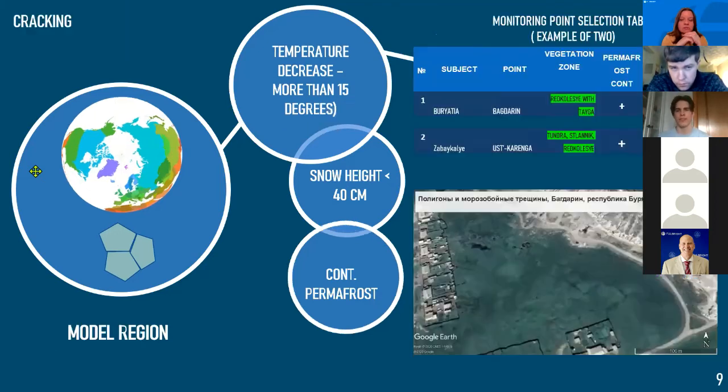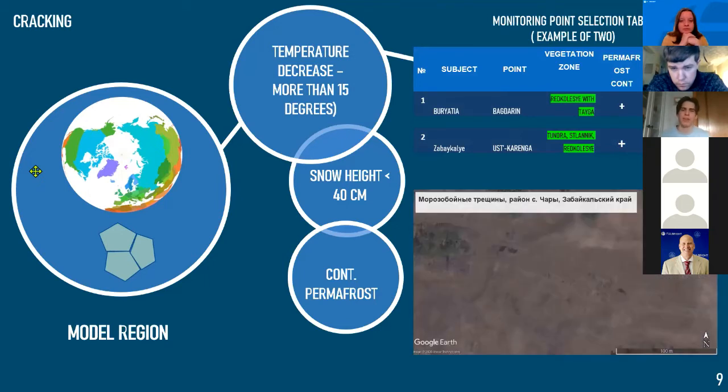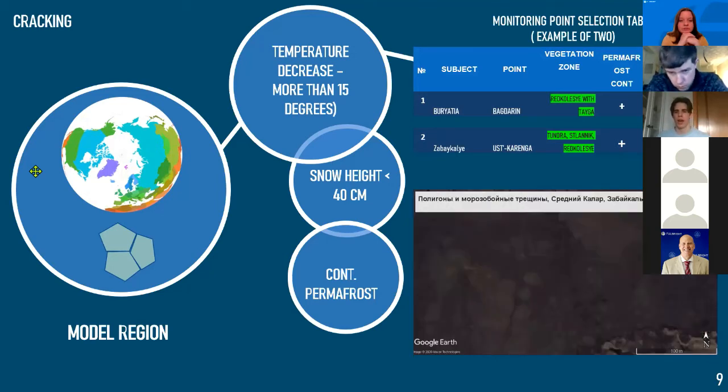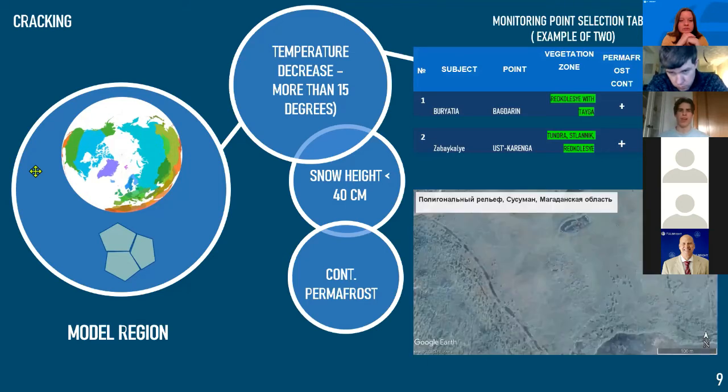And afterwards, we applied other filters. Using the satellite data, we tried to find proofs in the relief, I mean, modern cracks.